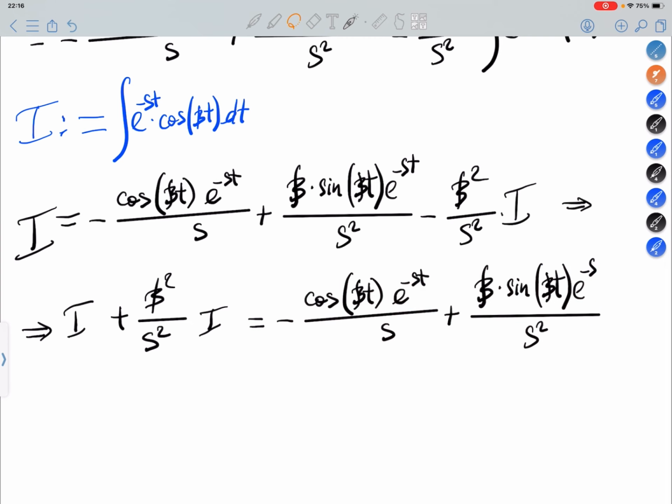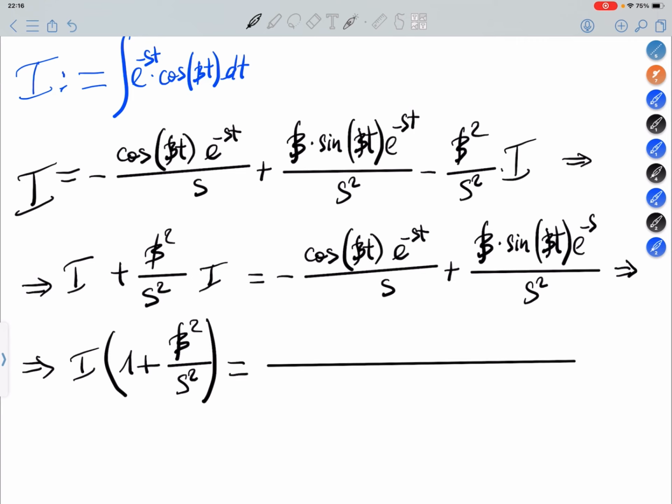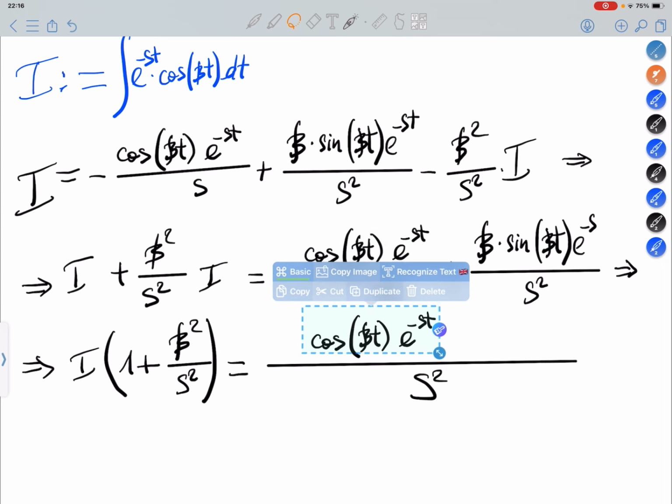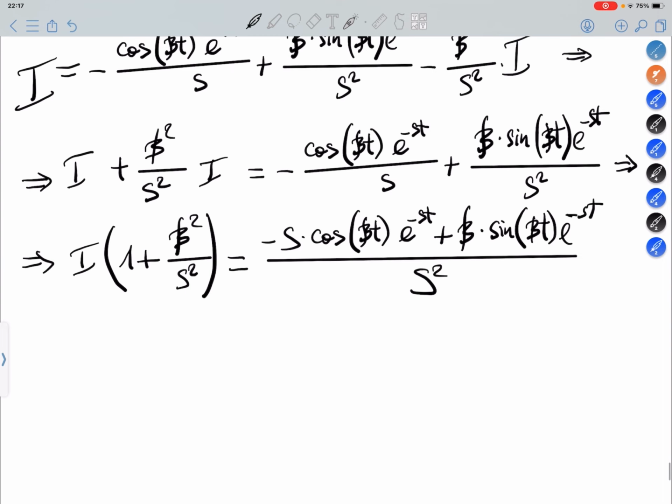Right. So from this, if we factorize, we take I out, that would give me 1 plus beta square over s square, that is equal to, here we make the denominator s, so on the numerator we're going to have minus s times this, and then here plus beta times sine of beta t e to the power minus st, right?